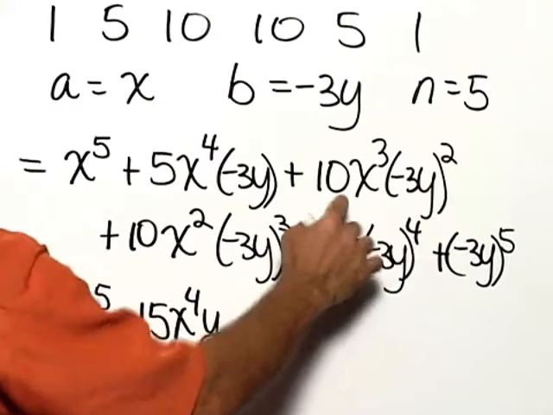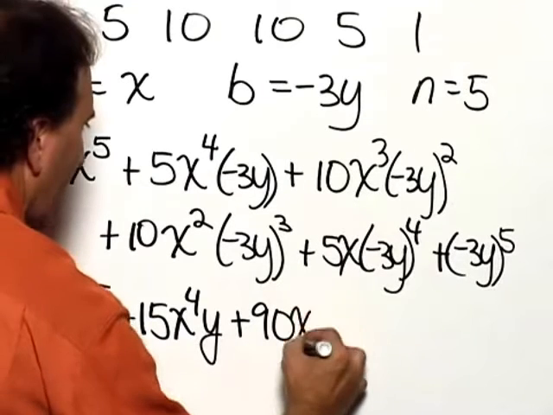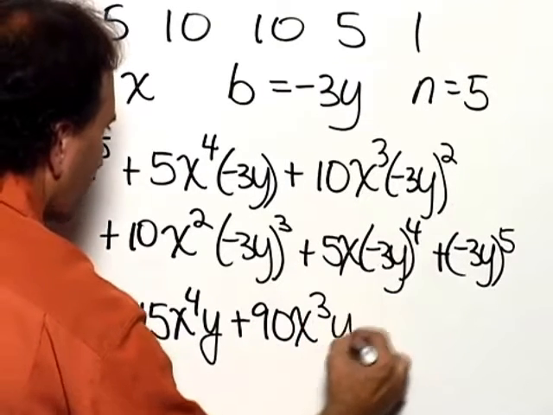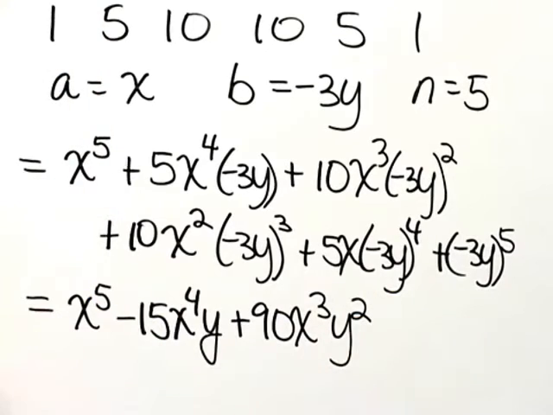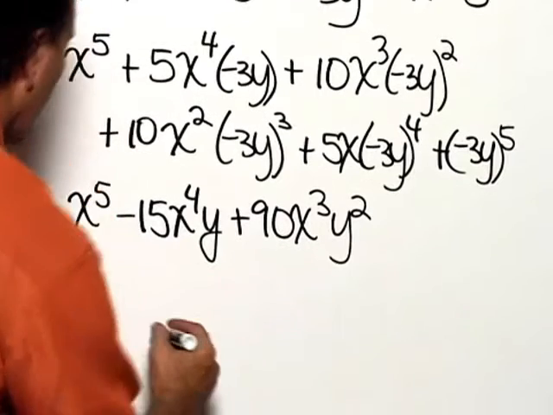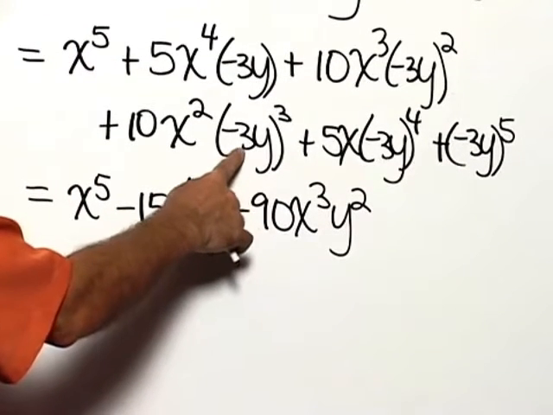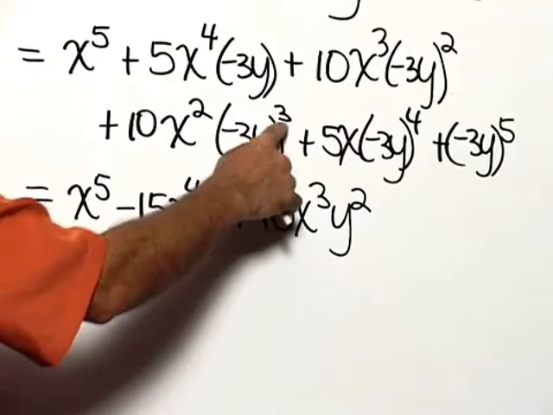The 9 could be multiplied by the 10 to give us 90, and that gives us x cubed times y squared. Then, let me continue on the next line, plus. Here we have the negative 3y cubed.